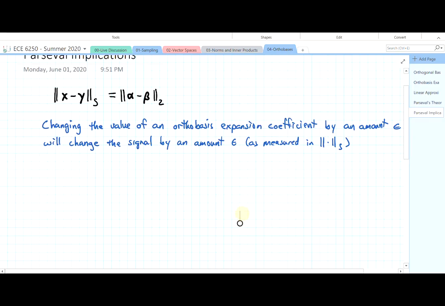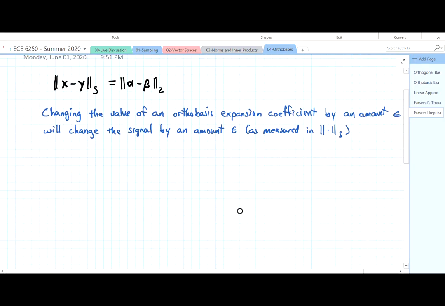Okay, so how does that happen? Well, let's assume that we took x. So x transforms into alpha. We talked about that before, but I'll put it here.